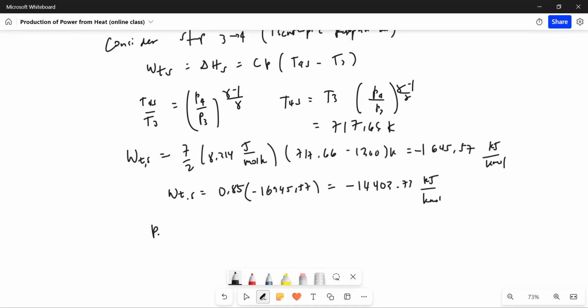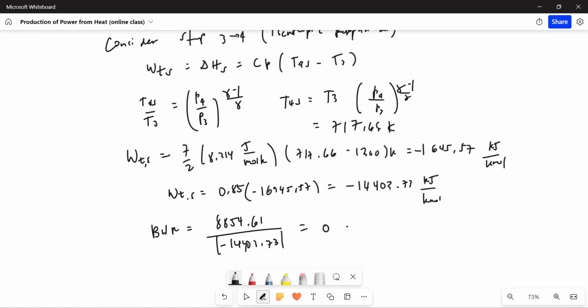Therefore, our back work ratio, which is the ratio of the actual compressor work required divided by the actual turbine work, is what we calculated earlier divided by negative 14403.73, and then that's the absolute value.